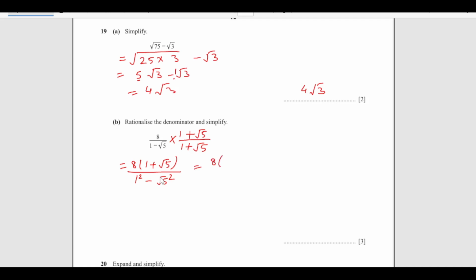So this is 8 into 1 plus root 5 over 1 minus 5, which is negative 4. So this is negative 2 into 1 plus square root 5, right? You can leave it over here, or you can just multiply negative 2 inside. So this will be negative 2 minus 2 square root 5, right?